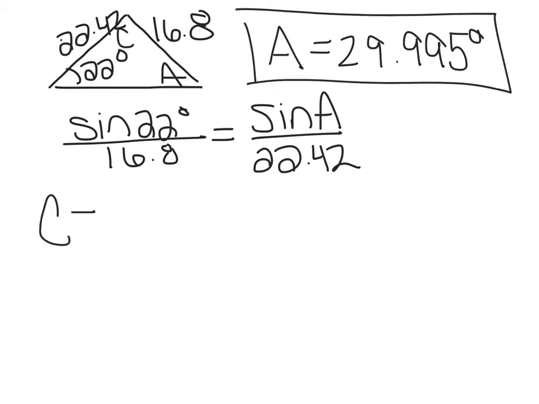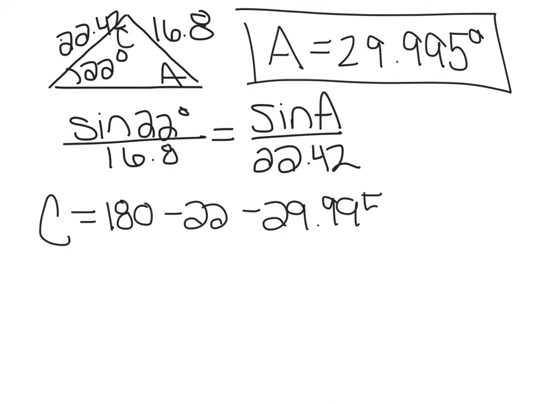Make sure you box your answer. To find big C, you're going to do 180 minus the 22 degrees that you had, minus the 29.995 that you just found, and that's going to give you angle C. If you just type it in your calculator, angle C is going to be 128.005 degrees.